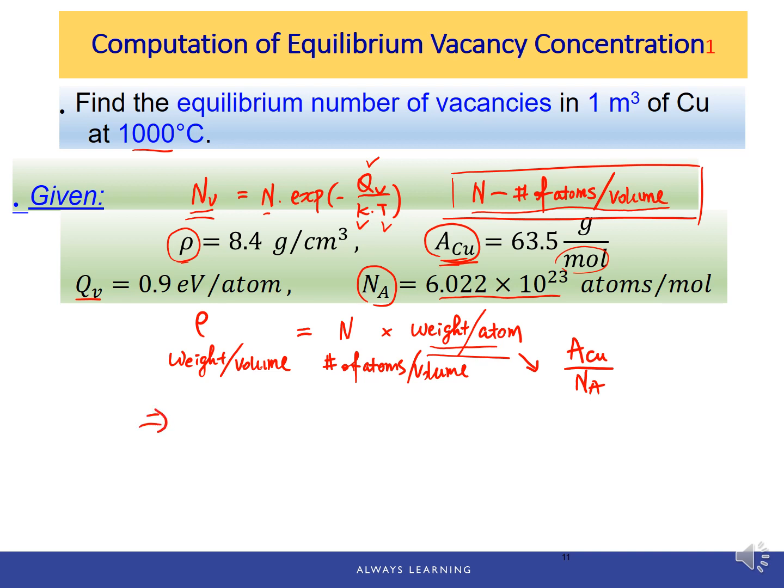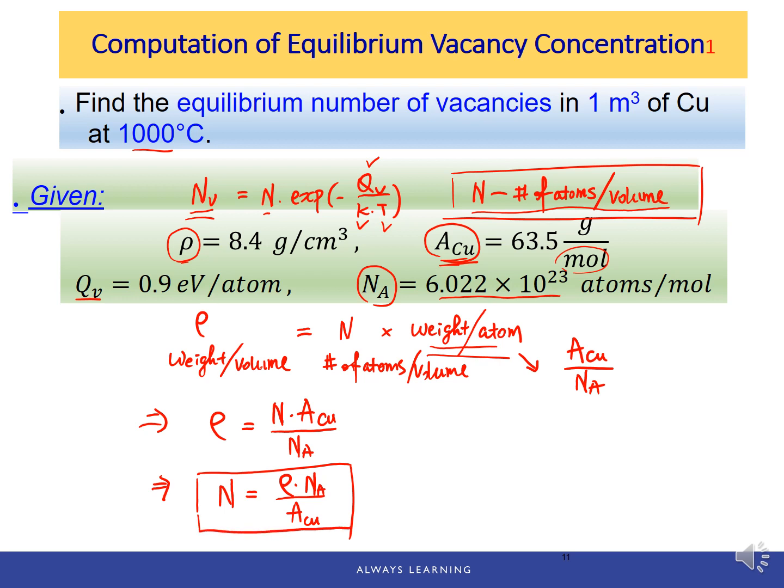Therefore, let's rewrite this equation. Rho, the density, equals N, number of atoms per volume, times atomic weight divided by Avogadro's number. And if we're looking for the number of atoms per volume, we can rewrite this relation where N equals rho times N_A over A. So you can use this relation directly in your calculation later.